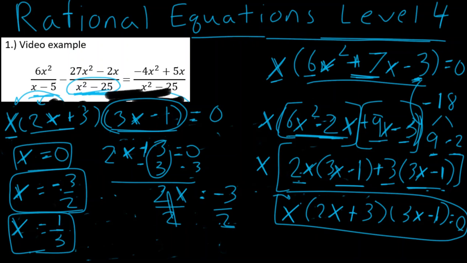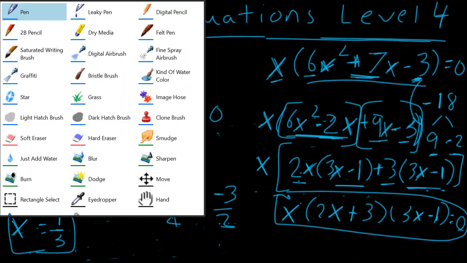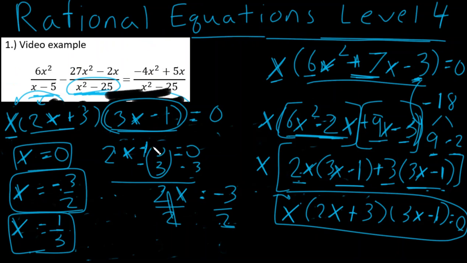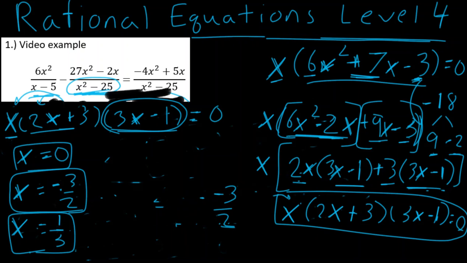Now, one final thing, and you might have remembered this from our previous examples. We always have to take these three values of x and plug them into the factors of our denominator to make sure that they don't equal 0. In this case, let me give you a quick little tip on how to do that.